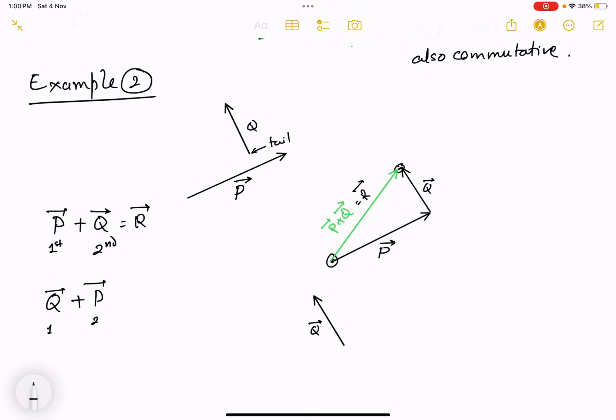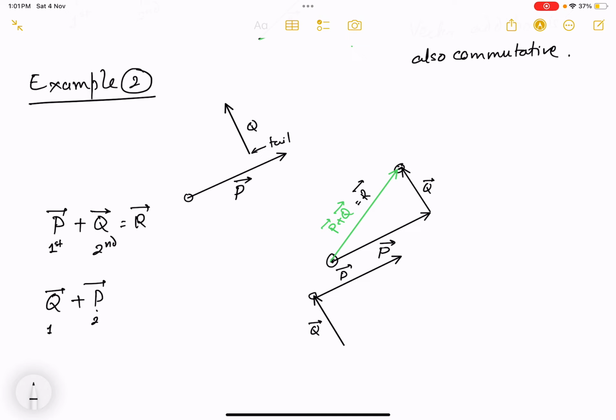Okay, so that you have drawn Q. Now on the head of Q you will get the tail of P. So P is here, translate P such that the tail of P should come on the head of Q. So yes, you draw the P vector like this, same length and same direction. This becomes the pure P.